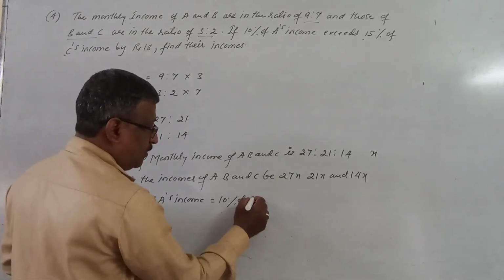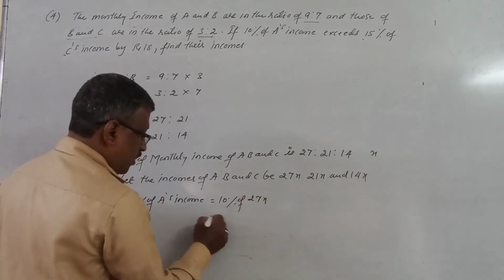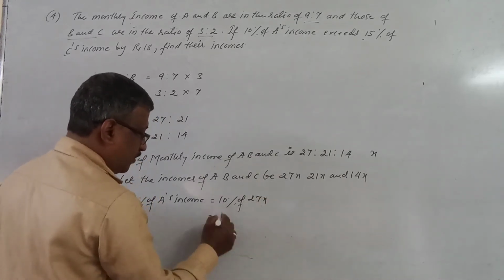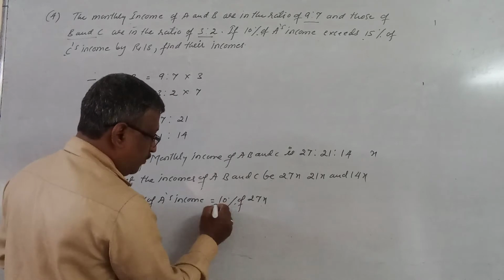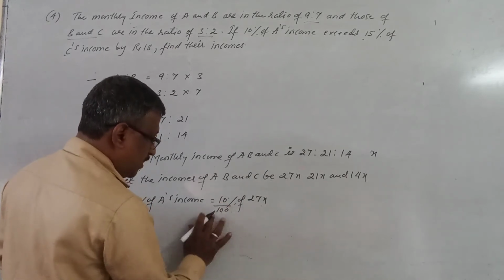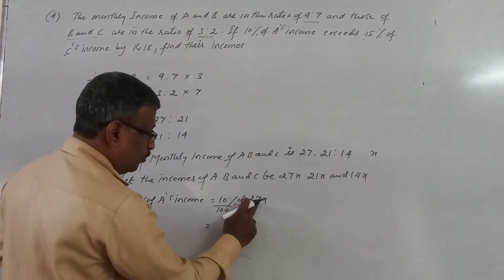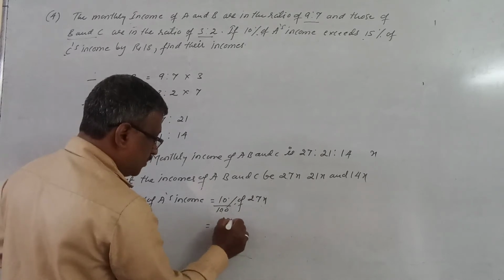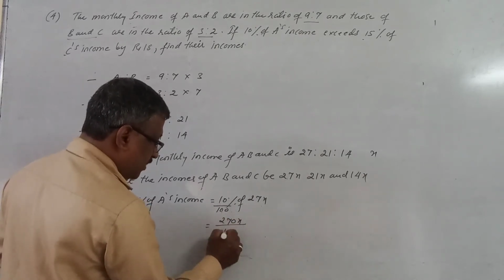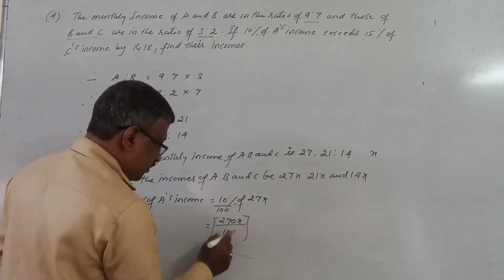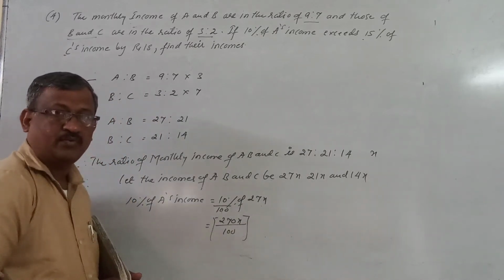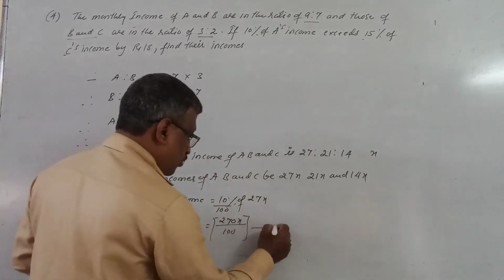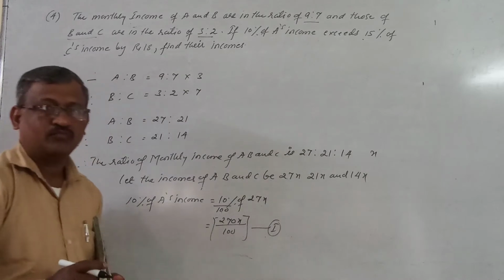What is A's income? It is 27x. So on 27x you take 10%. 10% means 10 divided by 100. So you multiply 10 into 27x, you get 270x divided by 100. This is 10% of A's income. Call this your first equation.